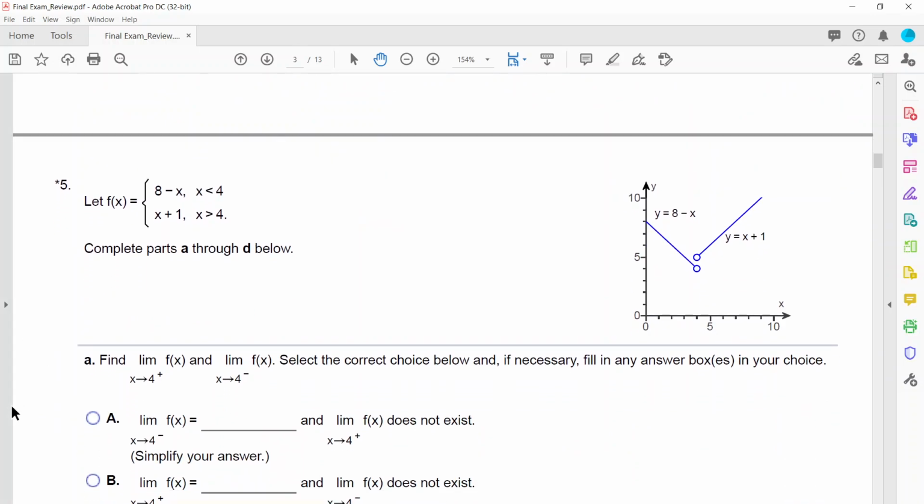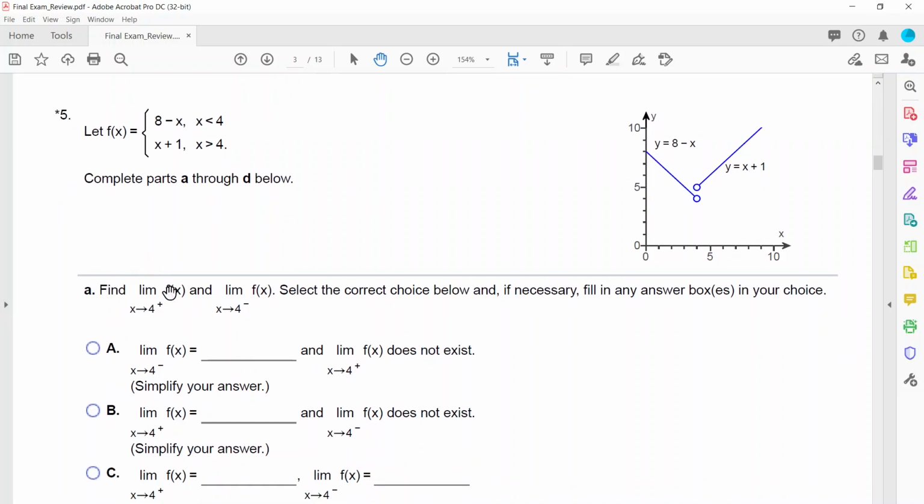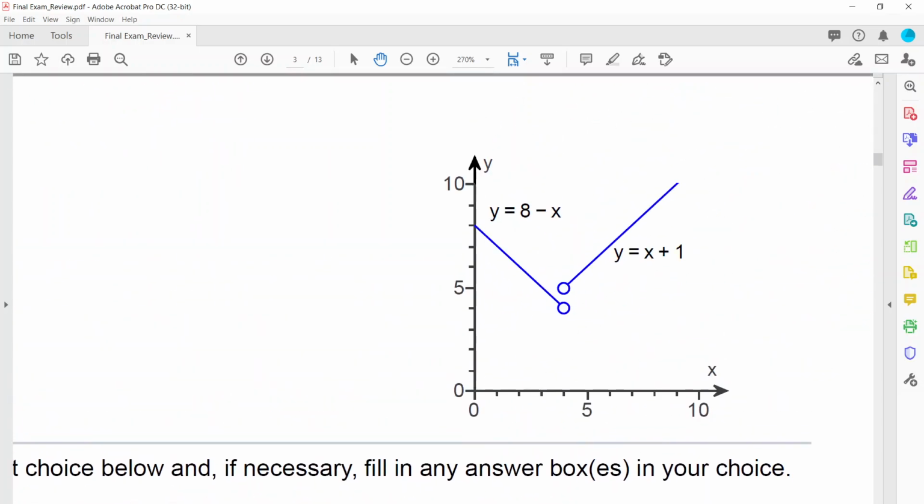We have been given a piecewise function, and we have to answer some questions here. The first one: find the limit of the function when x approaches 4 from the right side and from the left side. As you can see on the graph, when x approaches 4, this is 4.